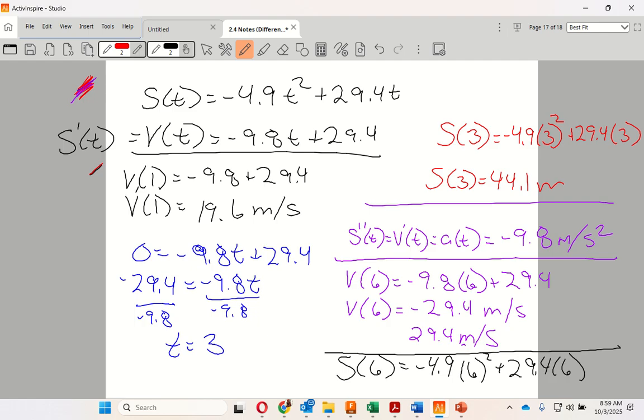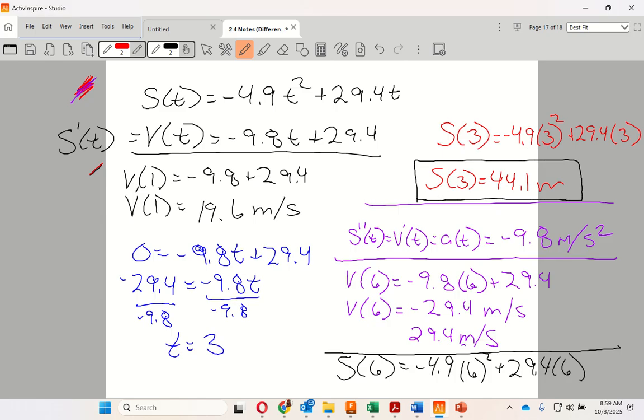So for total distance traveled, you have to go from here up. Where do we actually get the highest point? At 3? Since it's going up, it's positive in this direction, so it'd be double. Very good.